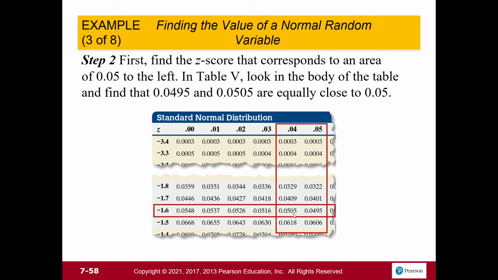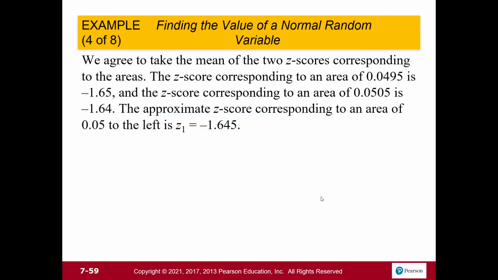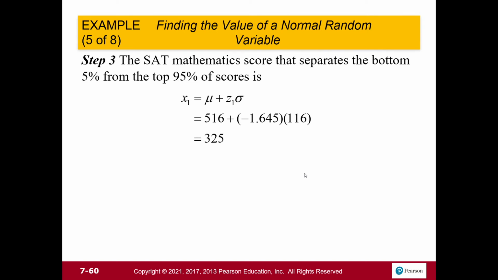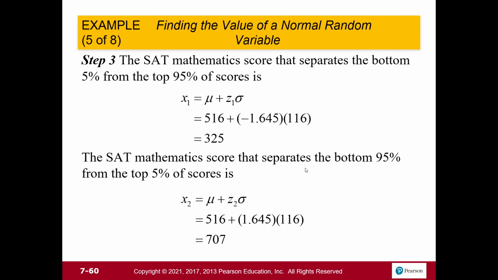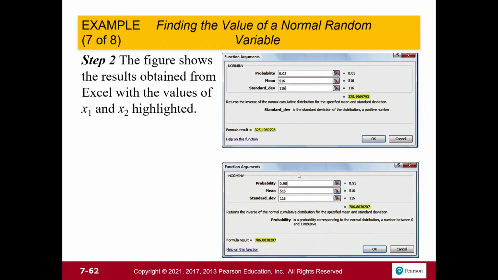And we would go to 5 and 95. But since the graph is symmetrical, what we get on one side is probably what we're going to get on the other side as well. Well, inverse norm will actually do this for us, so that's the key behind inverse norm.